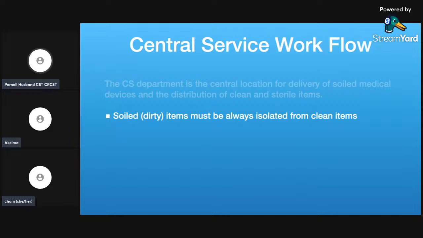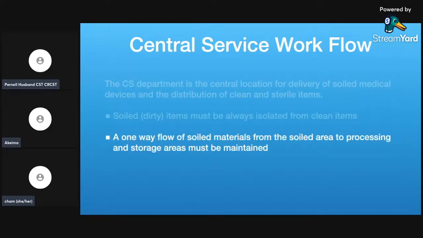Soiled or dirty items must always be isolated from clean items. And this is, of course, something that we all know and understand, but it's a critically important concept to really retain. It's really at the core of what this profession is about, understanding what is dirty, what is sterile, what is clean.